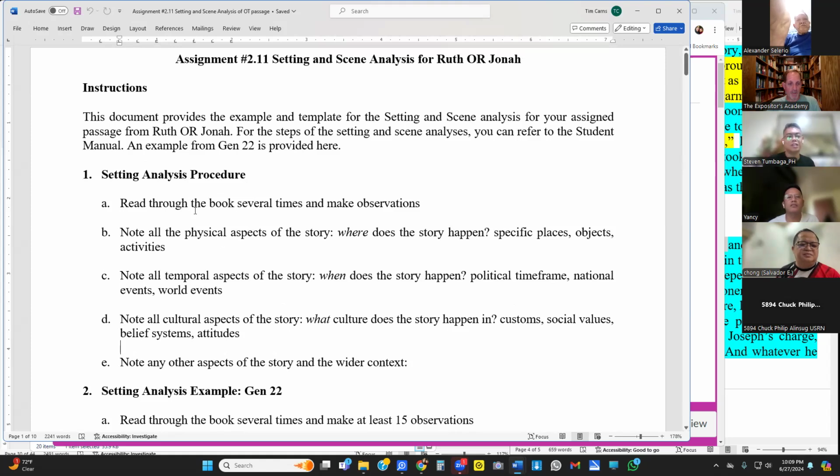Yeah, those are different. The setting of the book is you're looking at the book as a whole. So it could cover a longer period of time. Now, like for Ruth, the setting of the book starts with the famine and then goes for 10 years. So it's in the time of the judges. That's the general time period.